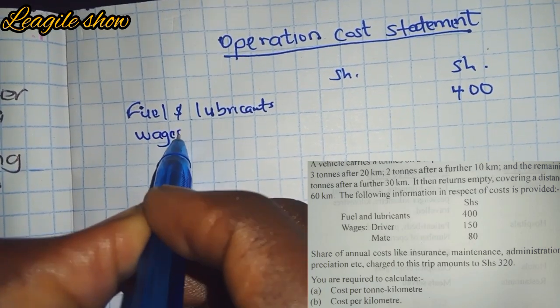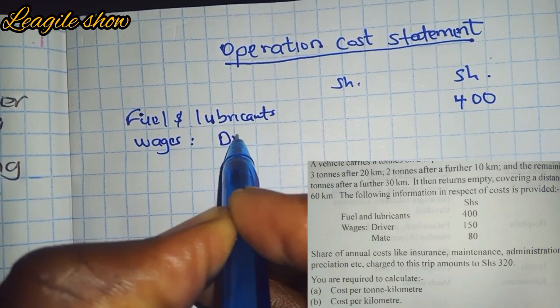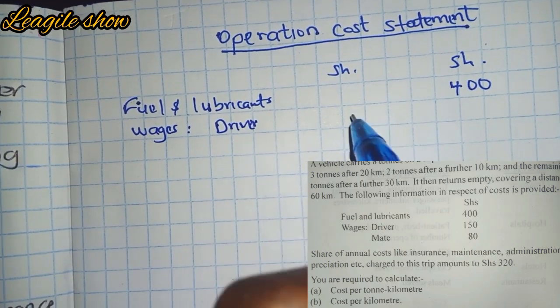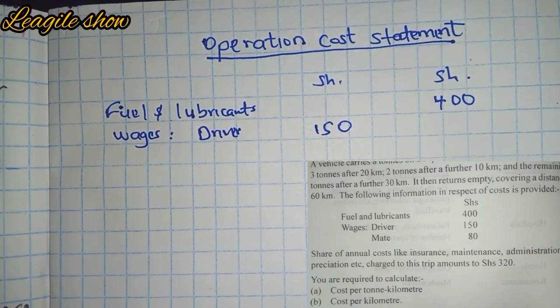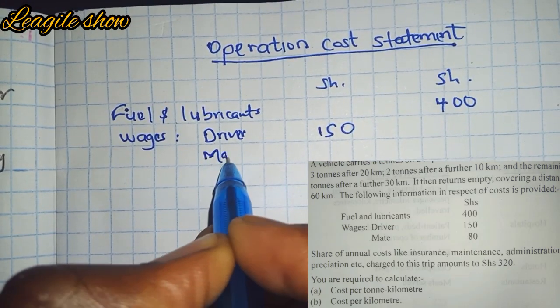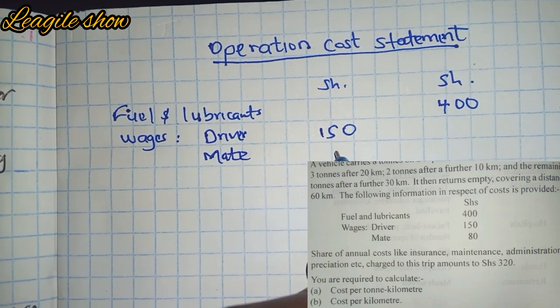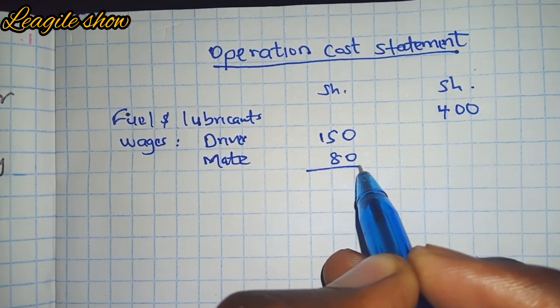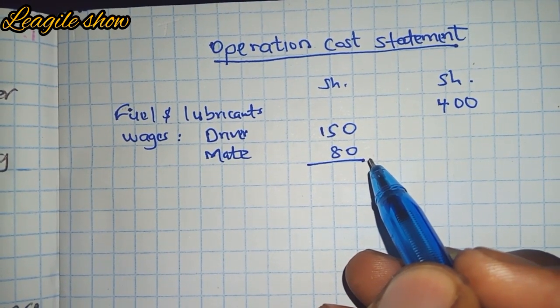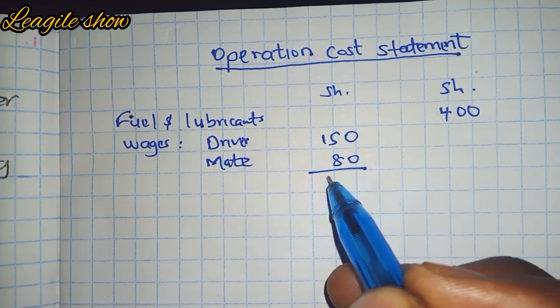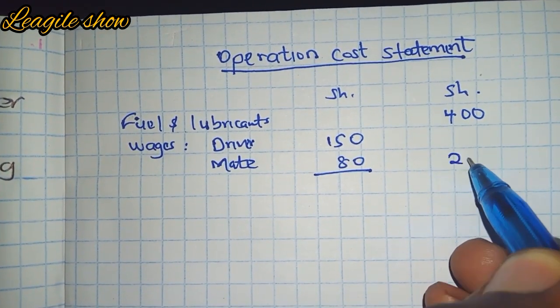The first one was for the driver, which was 150 shillings. Then you also have wages for the mate, which was given at 80. This sums up to 230.